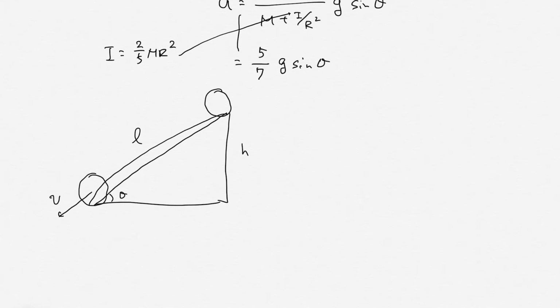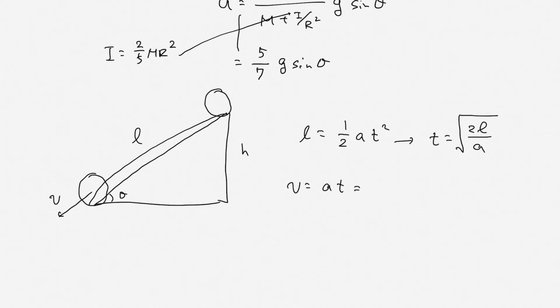We can use the distance L related to the acceleration, L equals 1 over 2 a t squared. You can find t, how long it takes for the ball to come to the bottom of the slope. It is the square root of 2L over a. From this, you can find the velocity, because v equals a times t.